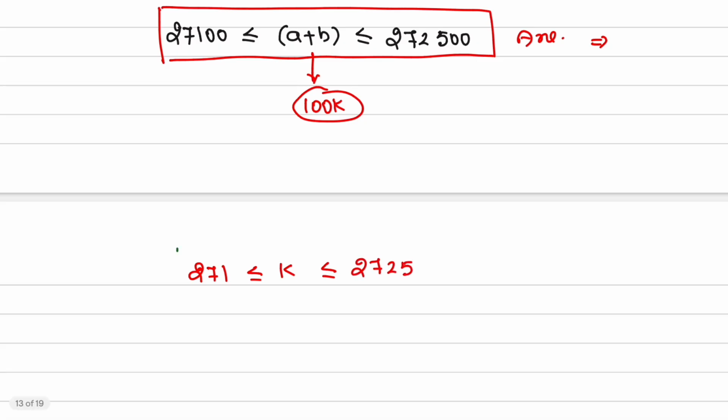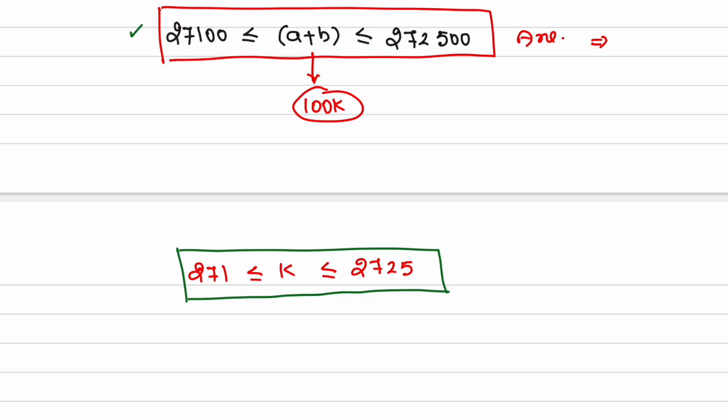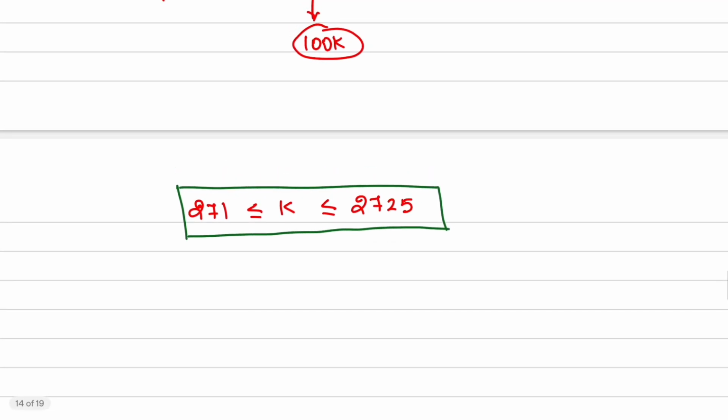If the question is asked this way, to find the range of the k, you can find this way. To find the range of A plus B, you can find this way, because A plus B we came to the conclusion that it should be in the multiples of 100. It should be in 100k. K is this range and A plus B is that range. Then ultimately the answer is this one.